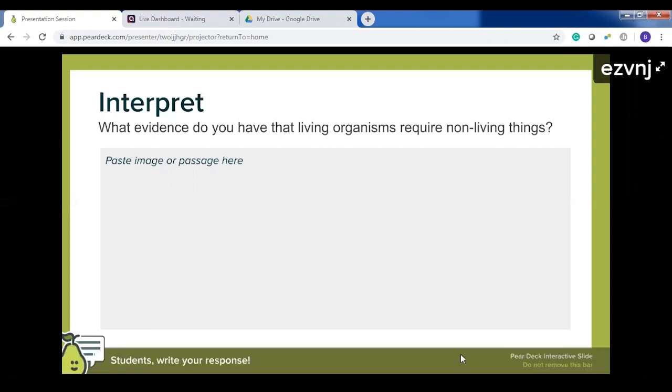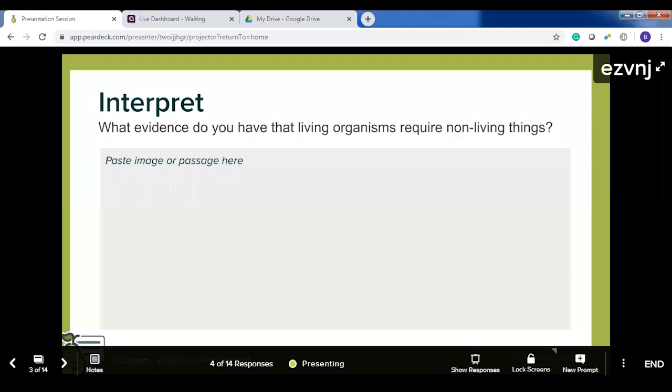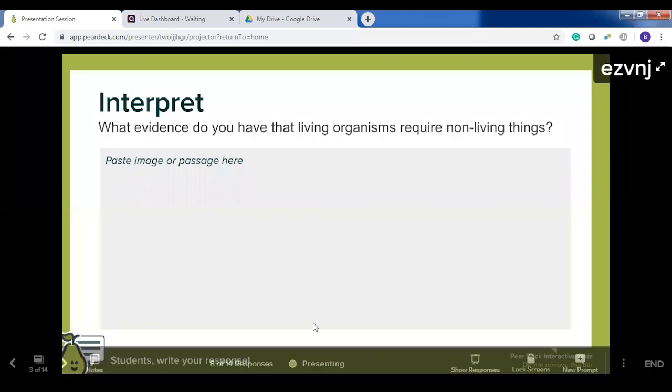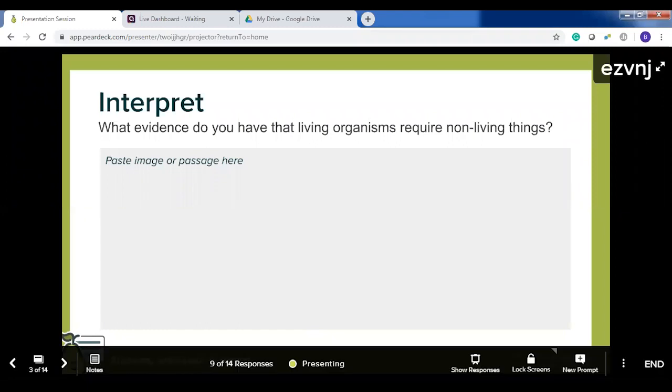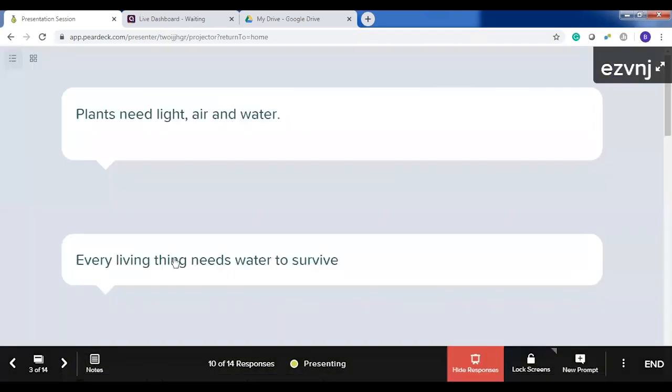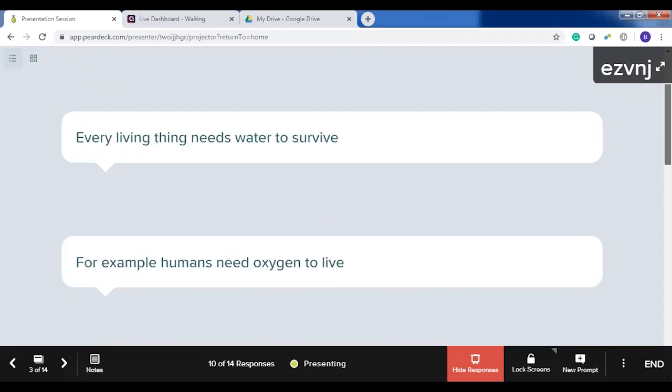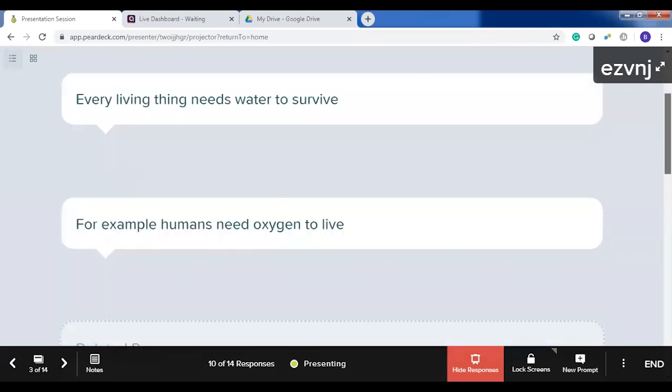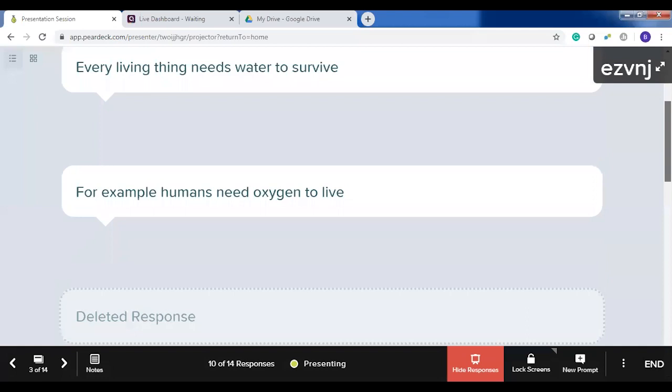So do I have any response? So I have 4 responses here, 5, 6. So plants need light, air, and water. Every living thing needs water to survive. Some others: humans need oxygen, yes, to make respiration, to produce energy.